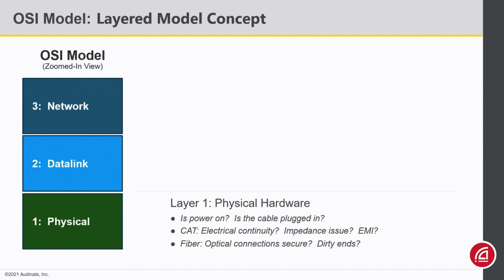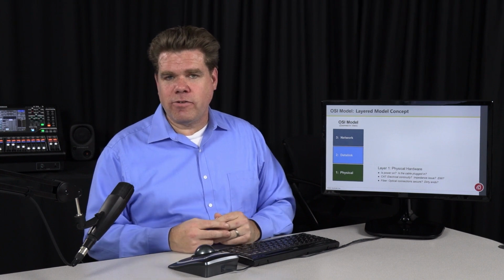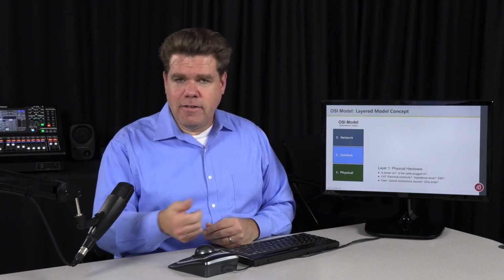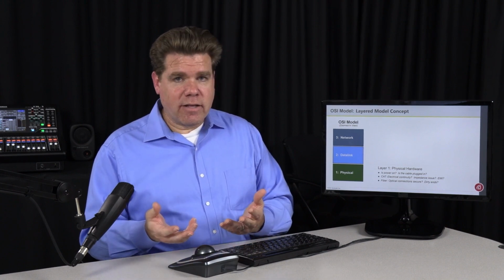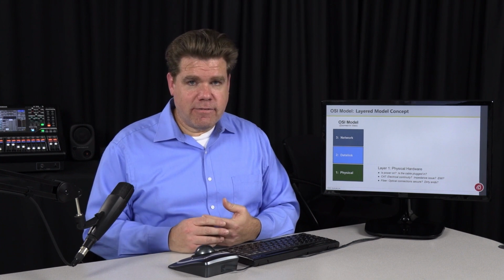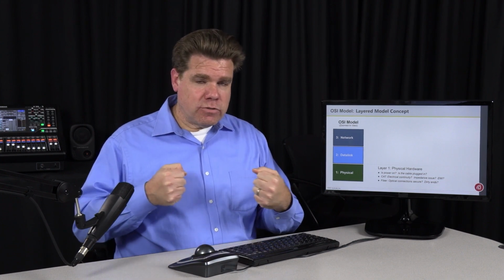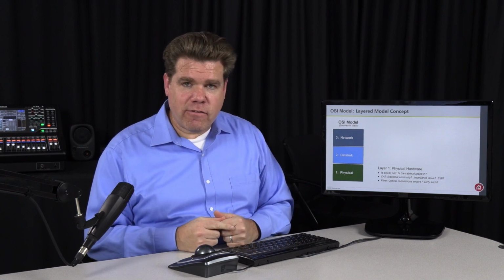Put simply, layer 1 refers to the physical hardware. So let's give you some examples of things you might need to fix on the physical layer. Obviously, is the cable plugged in? For category cable, maybe you'd check to make sure it's pinned out correctly. Make sure there are no shorts in it. Make sure that as people pulled it through the conduit, they didn't pull too hard, making the cable thinner and changing the impedance characteristics.